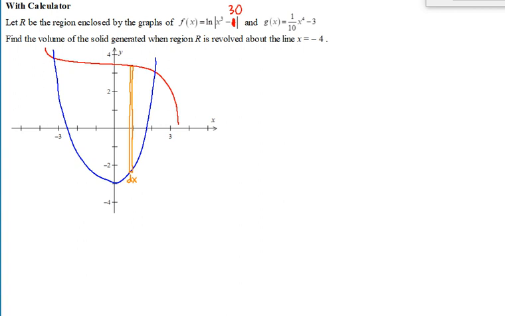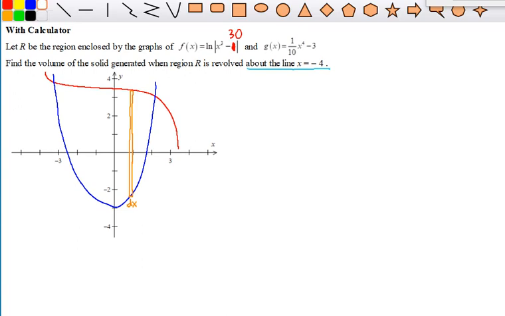Alright, so we're going to revolve it this time about the line x equals -4, so let's draw that as a dotted line, so it doesn't confuse us as to what the region enclosed is.